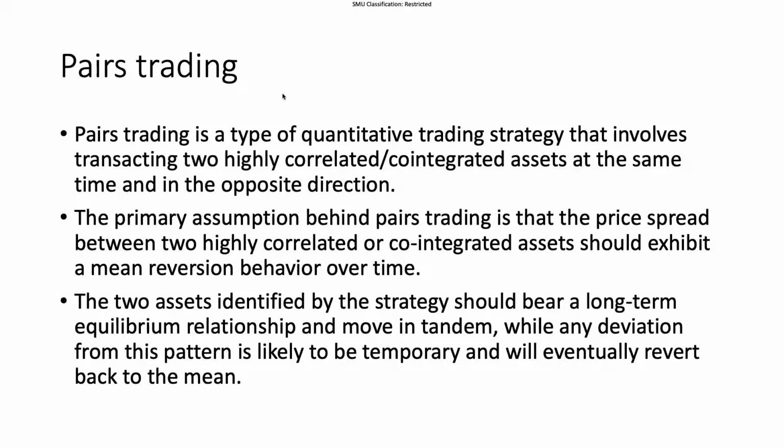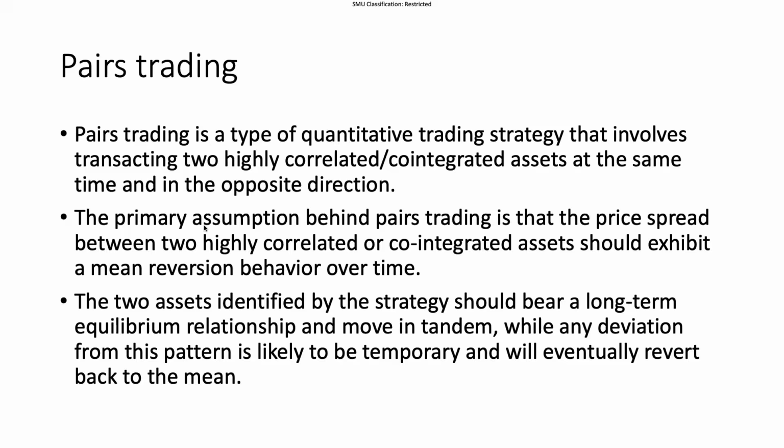All right, so we talked about pairs trading last time. This is a quantitative trading strategy that involves two highly correlated or co-integrated assets. In this case, we're going to use some statistical tests to identify two assets that have a long-term relationship.